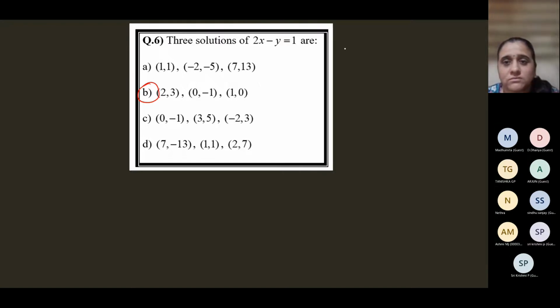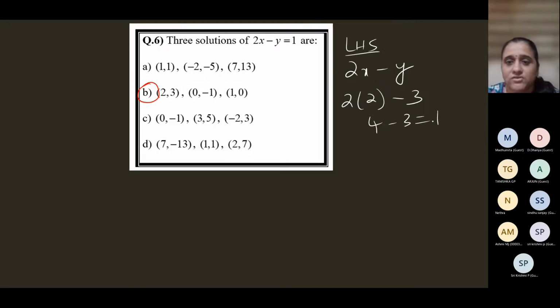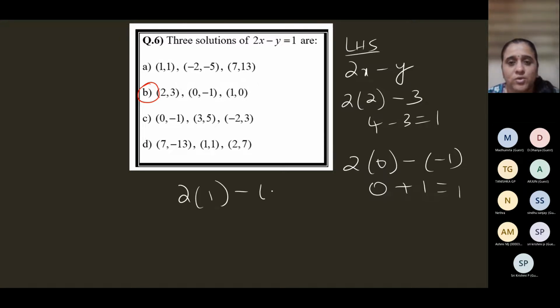In the equation, the LHS is 2x minus y. So 2 into 2 minus 3, 4 minus 3, 1, which is the RHS. Then next, 2 into 0 minus 1. So it's 0 plus 1, which is 1, correct? And then 2 into 1 minus 0.